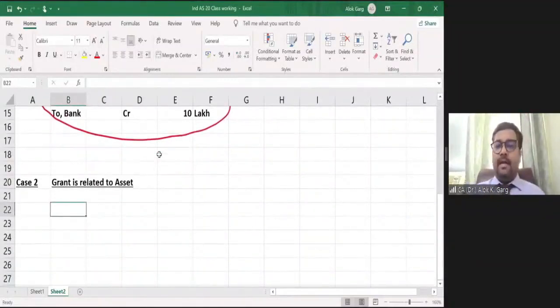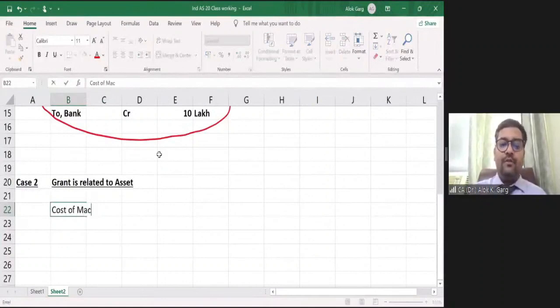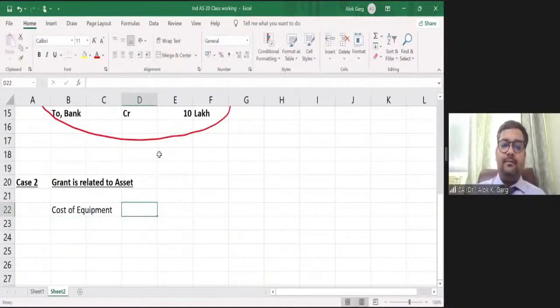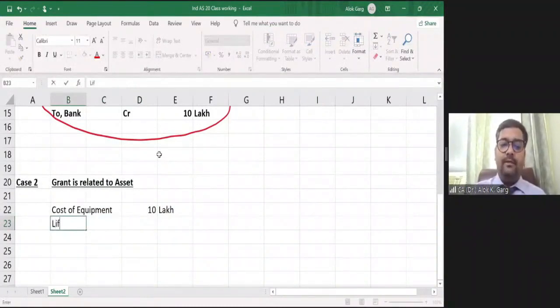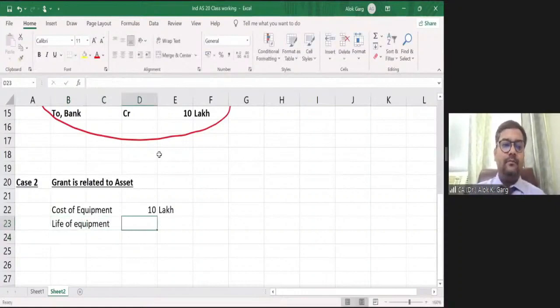Okay, I'll take an example. Cost of machinery, cost of equipment, ₹10 lakh. Life of the equipment, five years.